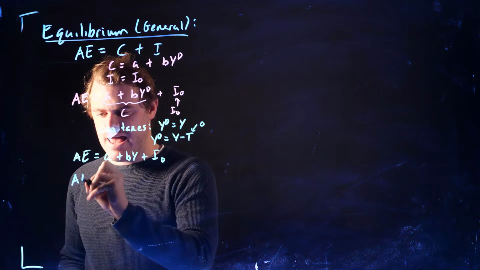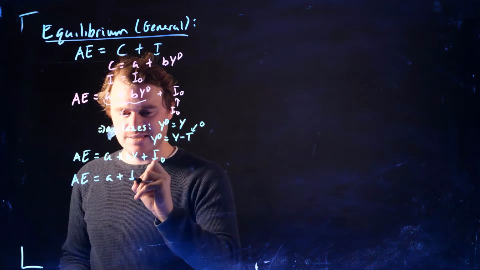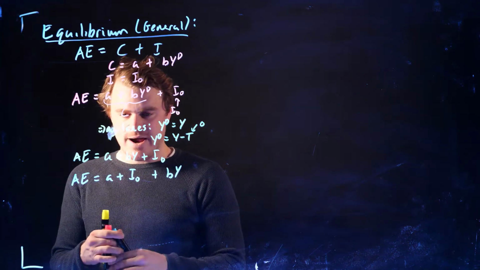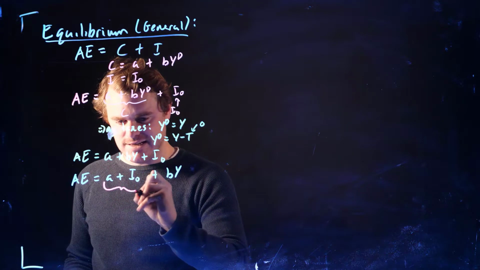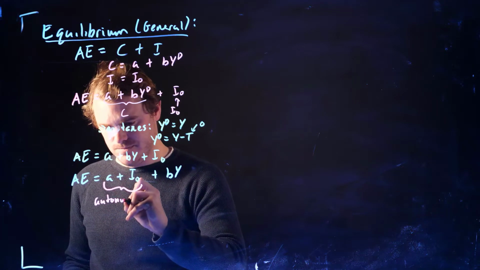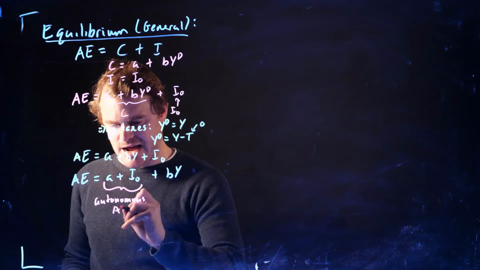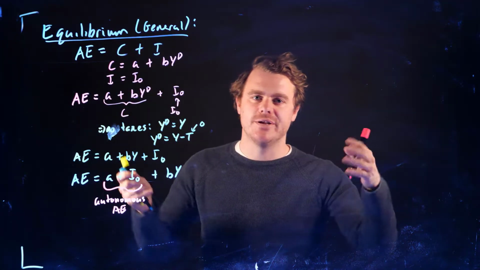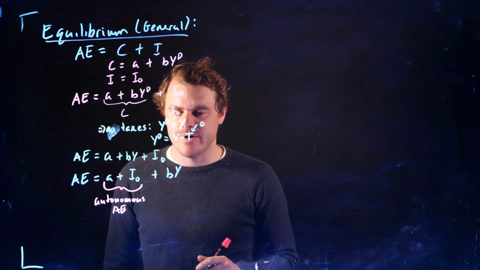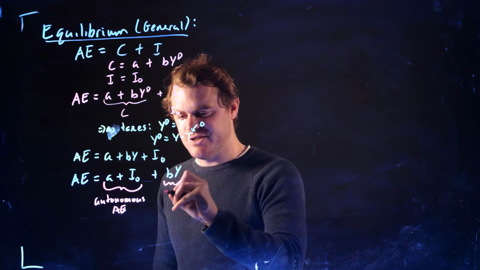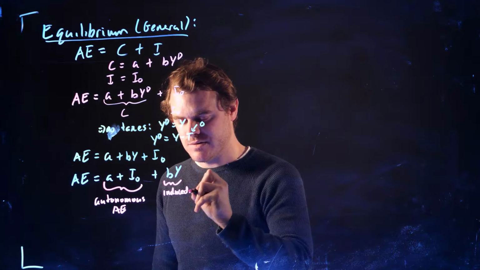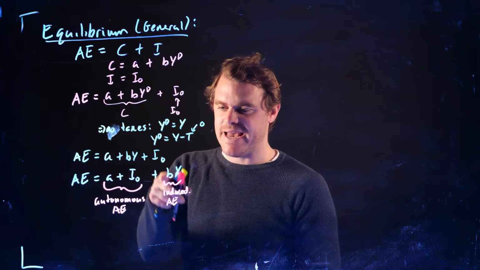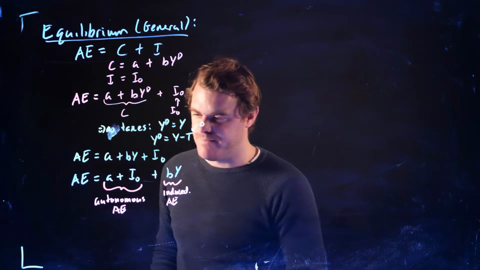And so AE equals a plus I0 plus b times Y, where this is autonomous aggregate expenditure. Last time in our example it equaled 105 million or billion or whatever units we're working with, where this is induced aggregate expenditure. It's the amount of aggregate expenditure that depends on the level of national income.